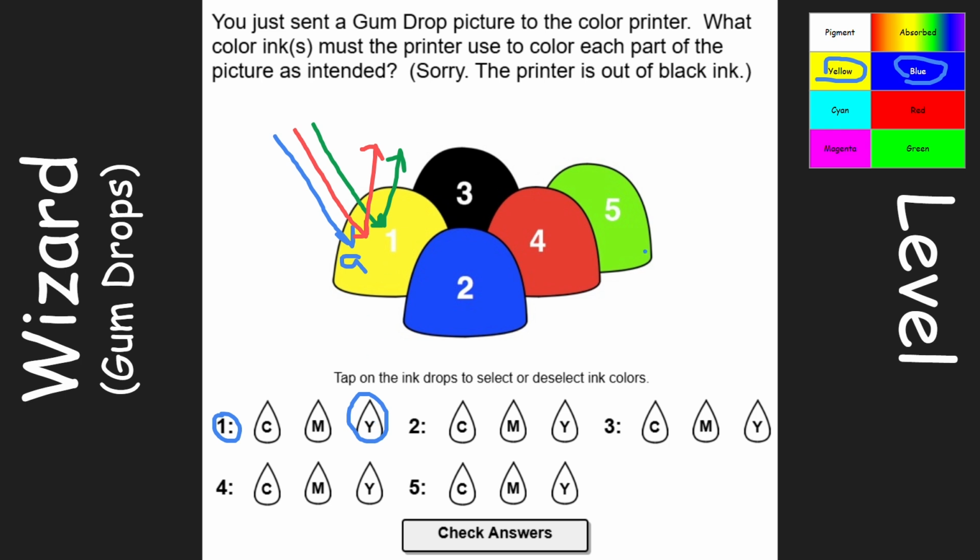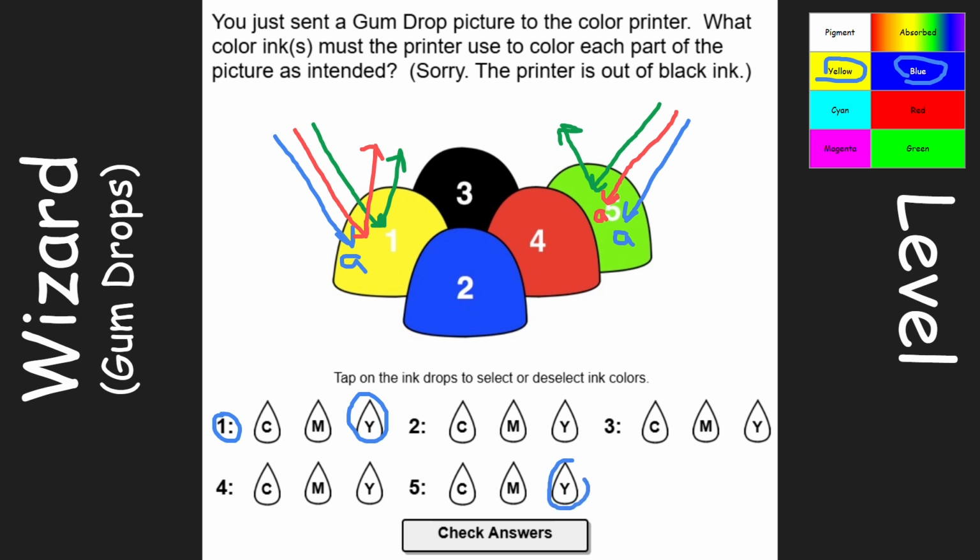So if we want this to appear green, and we have all the colors coming towards the green, and if we put nothing here, we know white light would reflect, but all we want is green reflecting. That means that we want the red to be absorbed and we want the blue to be absorbed. In order to absorb blue, we need to use yellow pigment. So this is number 5.